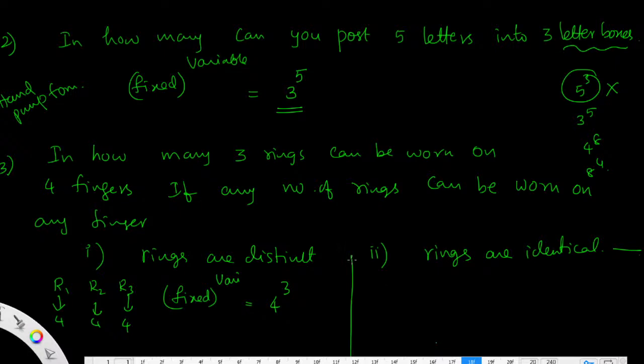And similarly, second question, rings are identical means here rings equal to n, that is equal to 3. Persons equal to how many? 4 persons. Not 4 fingers, 4 persons this is.